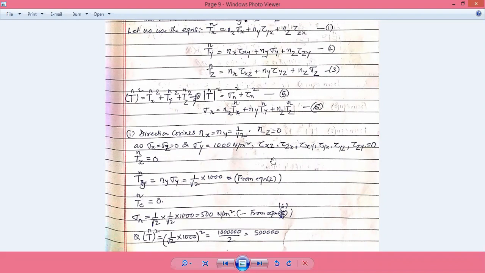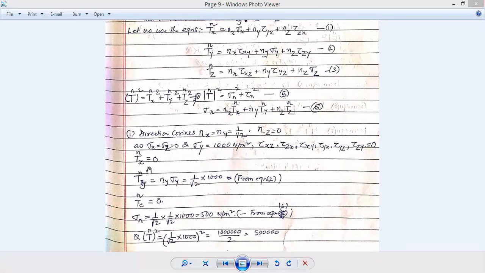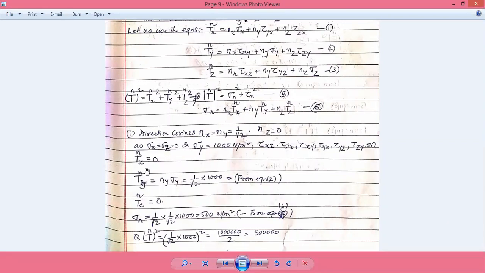All the taus are 0, as there is no force acting on the y and z-axes itself. So here Tx will be 0, because you have to put all these 0 values into this equation.